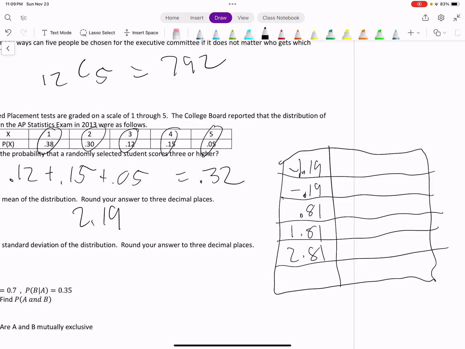Now I need to multiply these by their probabilities. So the probabilities for this are 0.38, 0.30, 0.12, 0.15, 0.05. But I'm going to have to square them first. So I have to square each one of these now. Okay, then I multiply by the probabilities, and then I sum them, and then I take the square root.